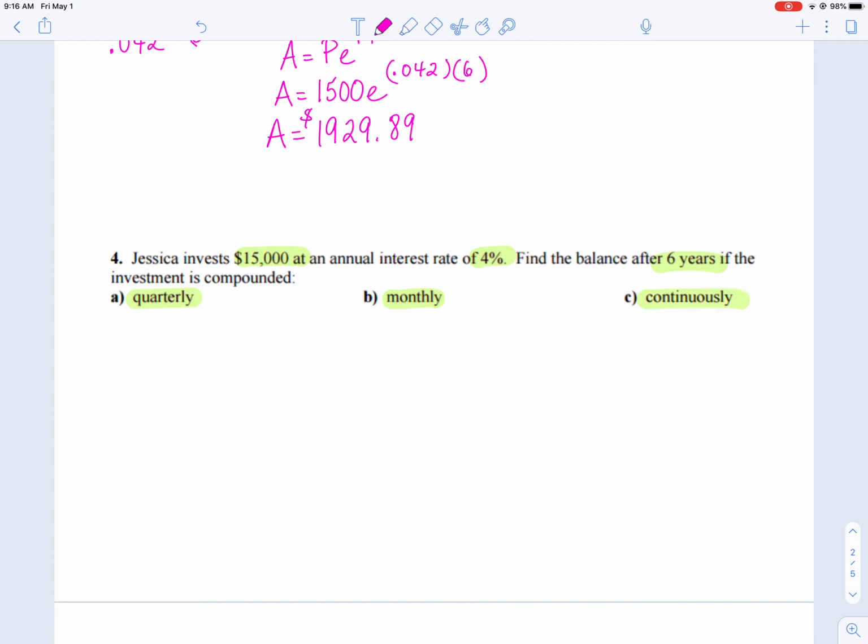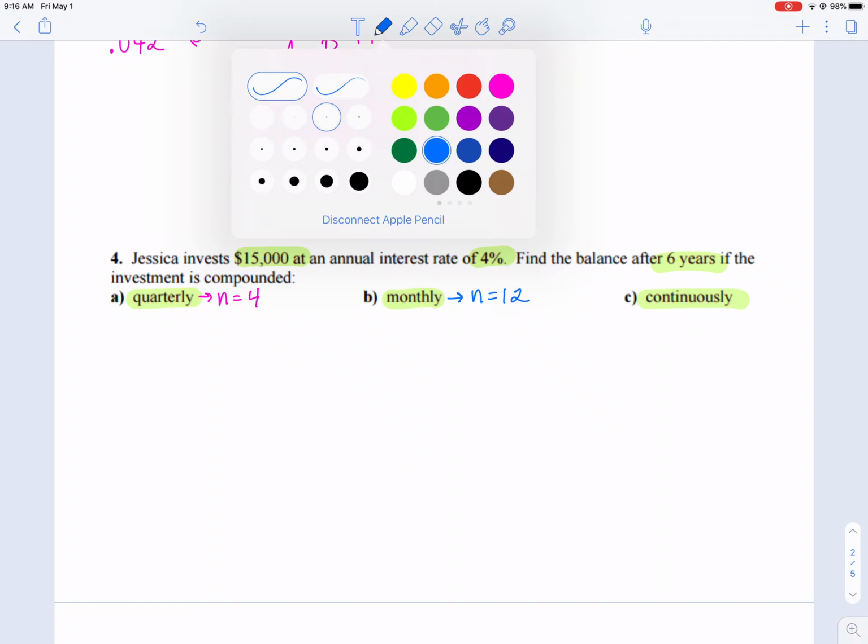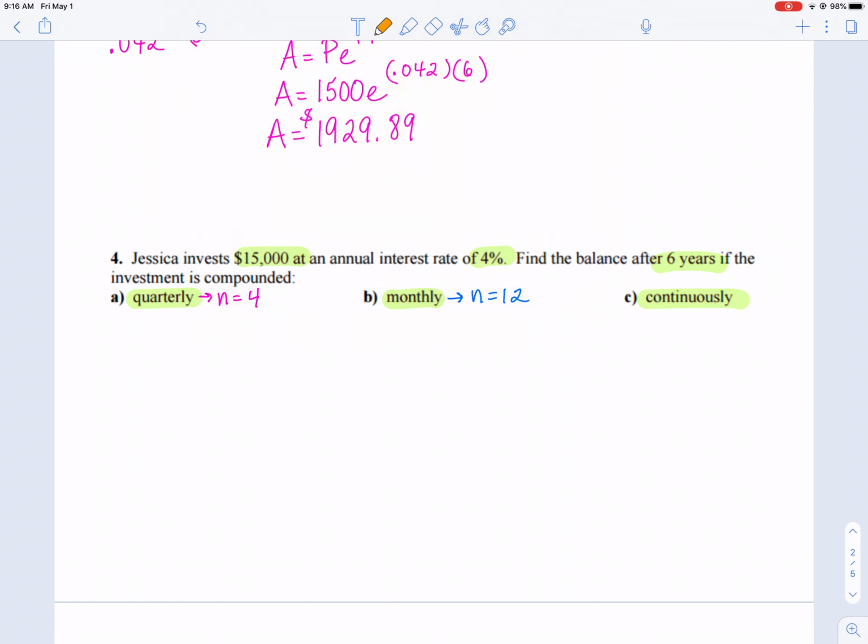Okay, so how many quarters are there in a year? This means quarterly means N equals 4 quarters. Monthly means N equals 12. And continuously means PE to the RT, okay?